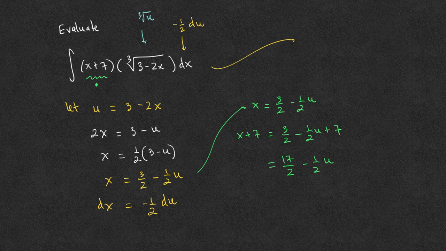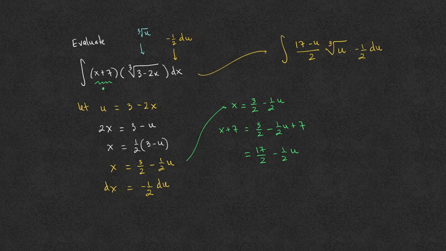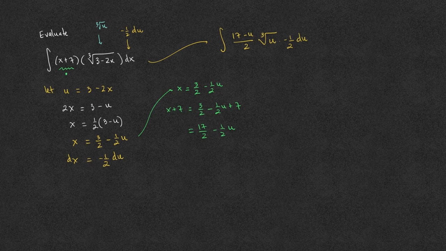We rewrite this integral as the integral x plus 7 is now (17 minus u) over 2. The cube root of 3 minus 2x is now the cube root of u, and dx is negative 1/2 du. We should always bring the constant multiple to the front of the integral.